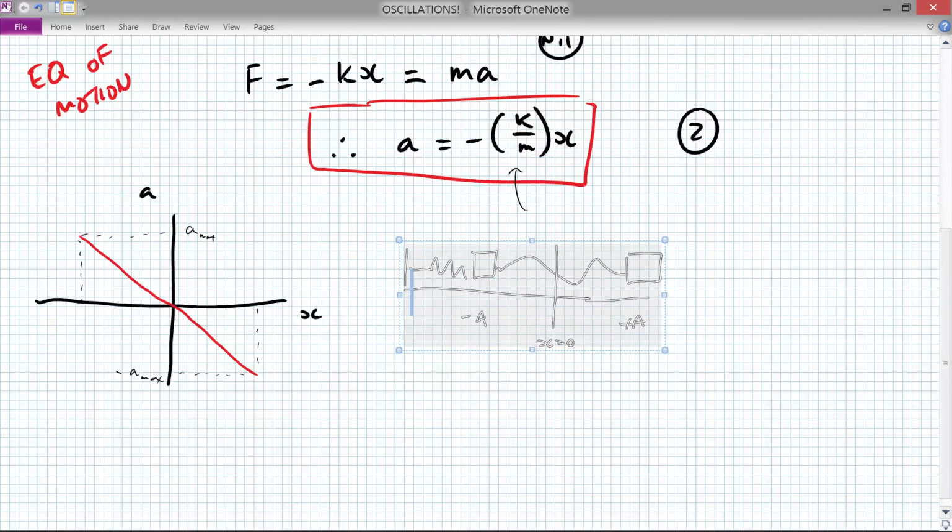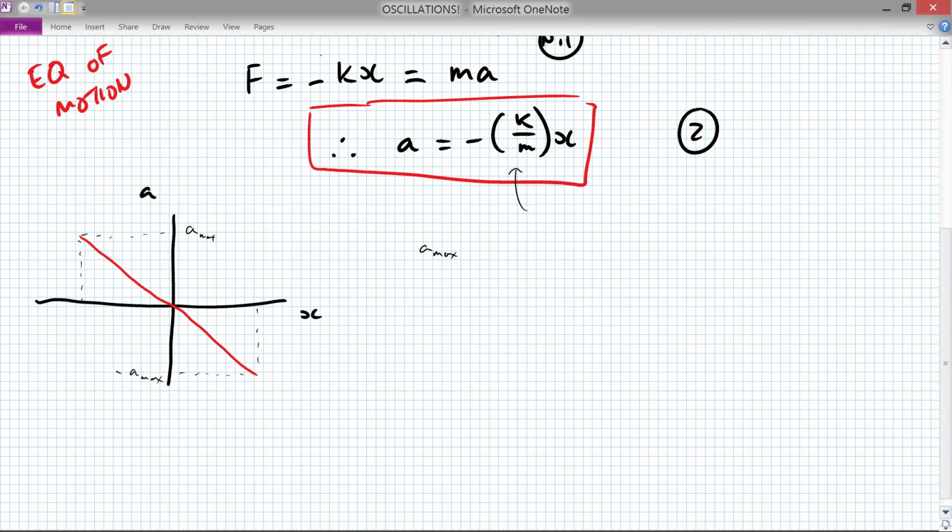So we can look at our equation of motion up here and ask, when is my acceleration maximized? Well, it's pretty simple. The maximum value that position can have is obviously the amplitude by definition. So that means my maximum accelerations are going to be plus and minus (k over m) times A. So that's another nice little equation of motion that we can use there.